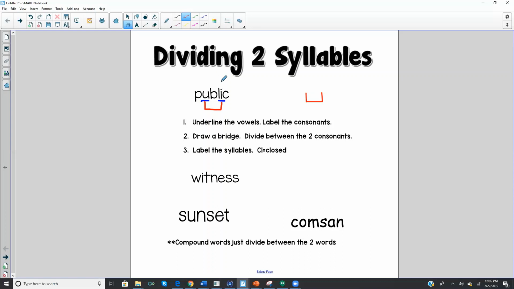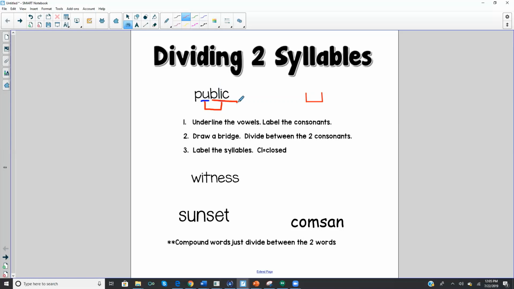Do you see two consonants between these two vowels? This one right here is what? B. B, and so that's a consonant. So I'm going to label it with a C.